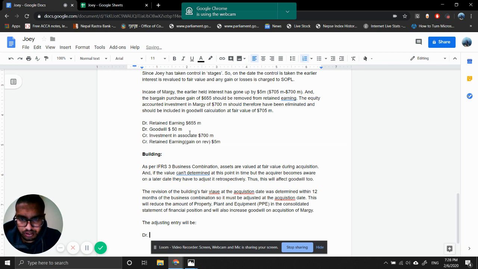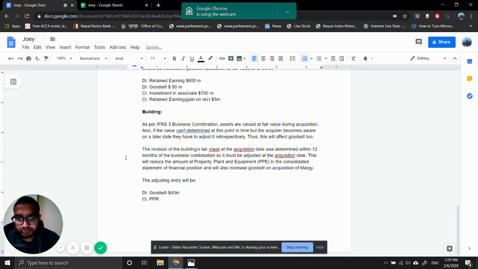So what will happen because of that? Goodwill will go up by 40 million, since we will be paying more for that particular asset. Because the value of net assets has gone down, our goodwill will increase definitely. So PPE will also be changed by the same amount, $40 million.